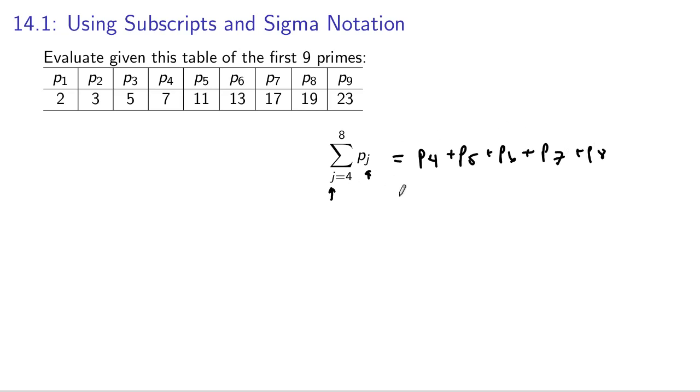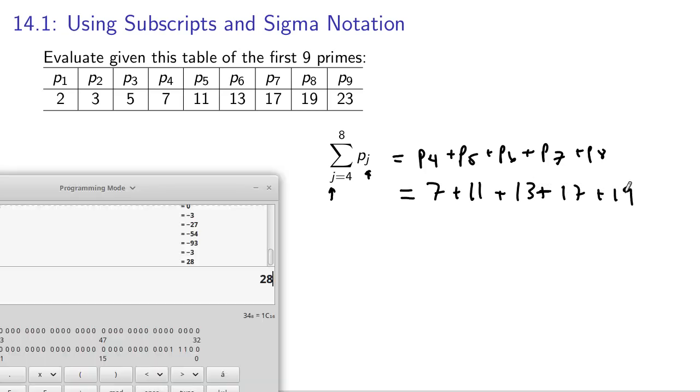Remember, we include both ends. So p sub 4 is 7, p sub 5 is 11, p sub 6 is 13, p sub 7 is 17, and p sub 8 is 19. So adding all those up, 7 plus 11 plus 13 plus 17 plus 19 is 67.